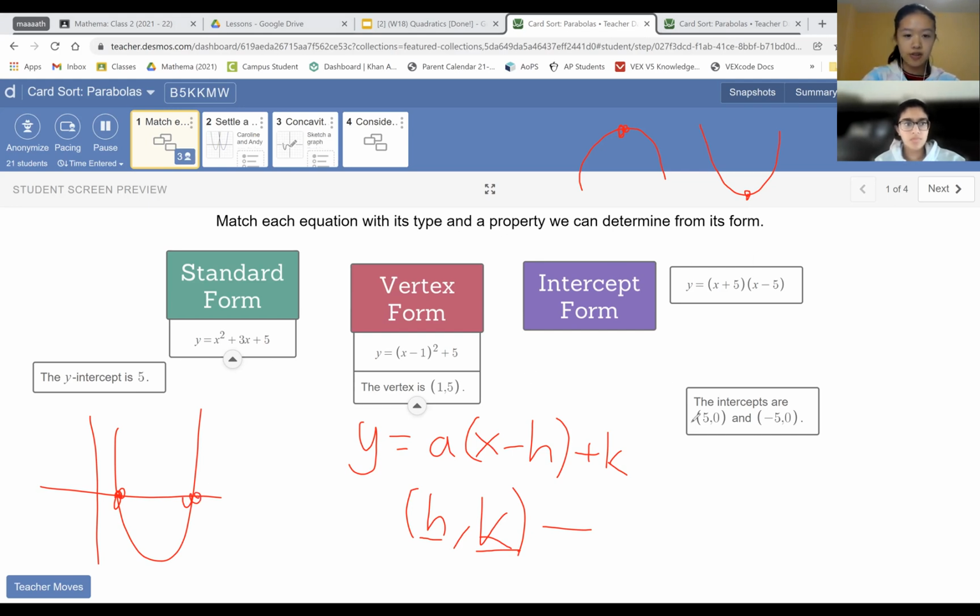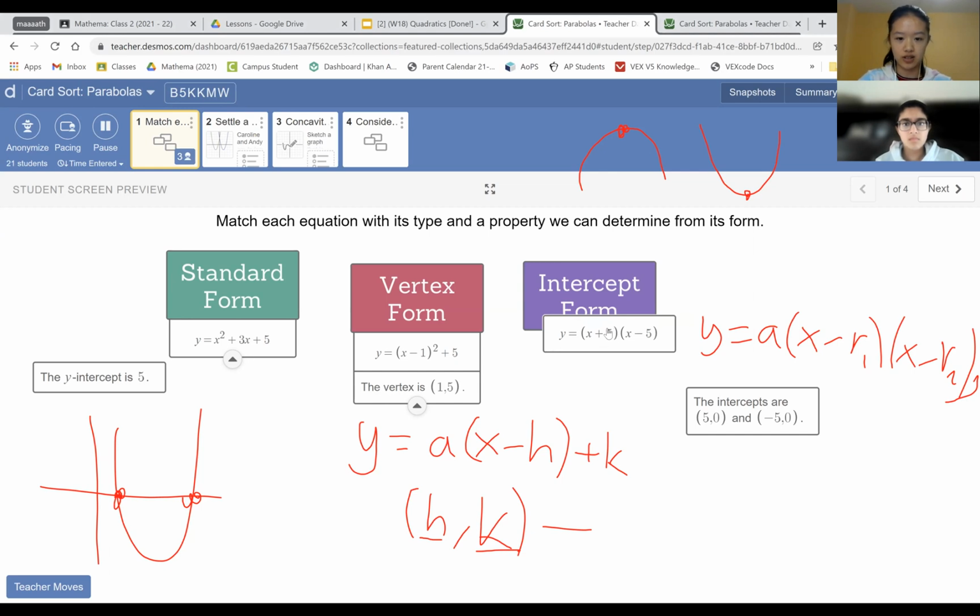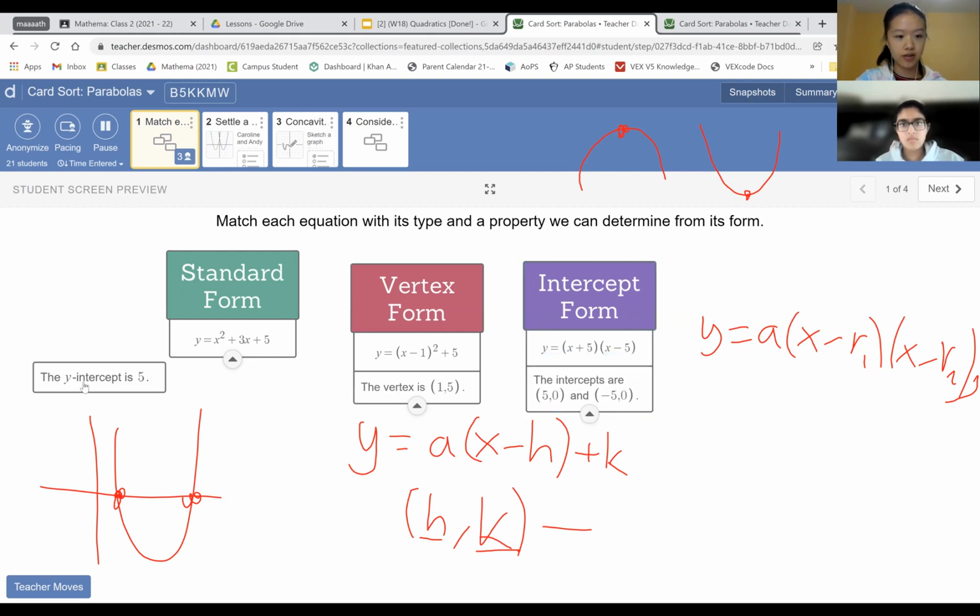And intercept form is y equals a times (x minus the first intercept, which I'm just going to call R1 for now) times (x minus R2), which would be the second intercept. So intercept form would be like a product of 2 expressions. So this would be an example of intercept form. And specifically here, you can see that the intercepts would be 5 and negative 5. So this would also go here.